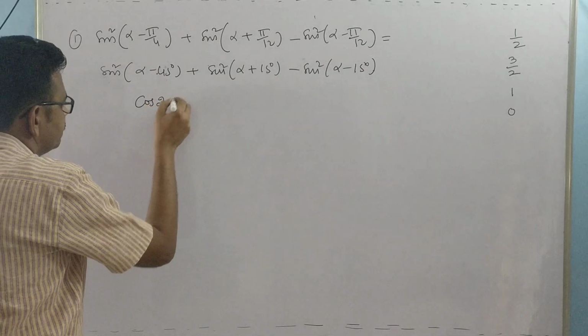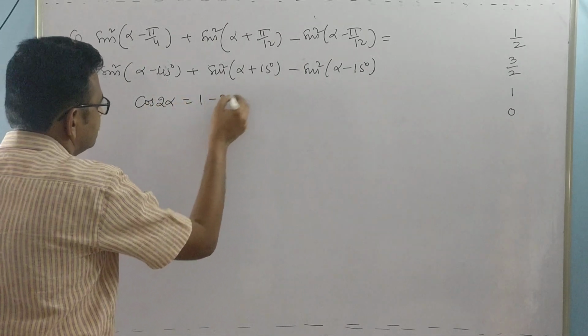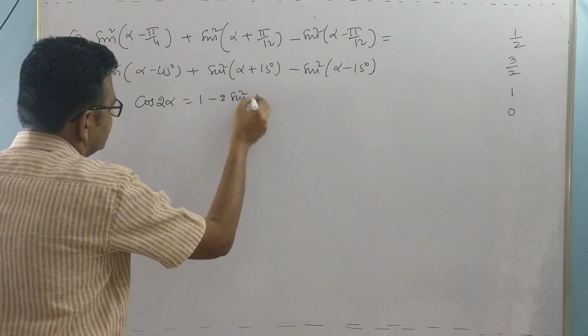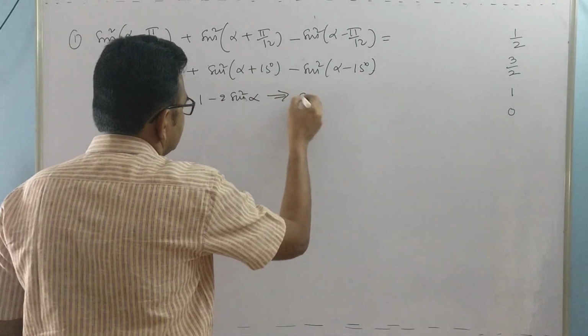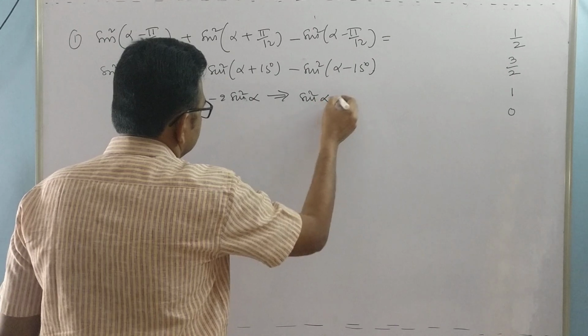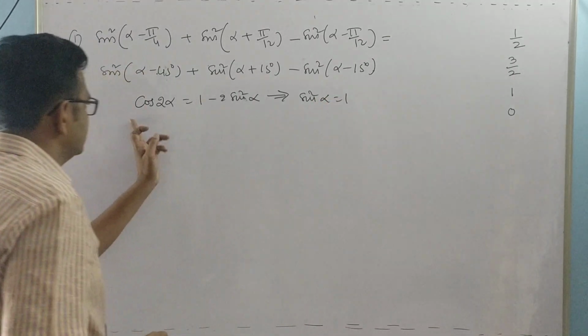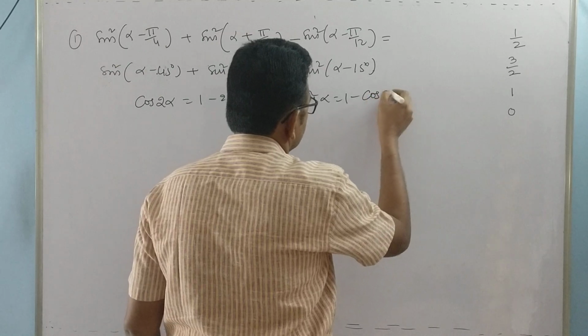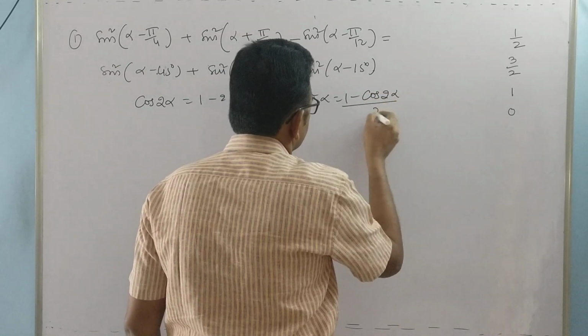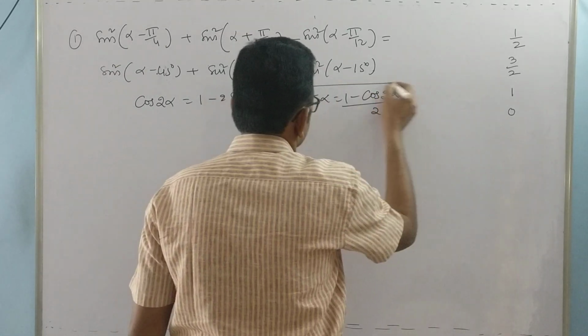Cos 2 alpha is equal to 1 minus 2 sin square alpha, which implies sin square alpha is equal to (1 minus cos 2 alpha) by 2, using this formula.